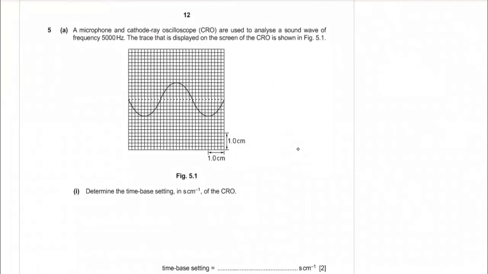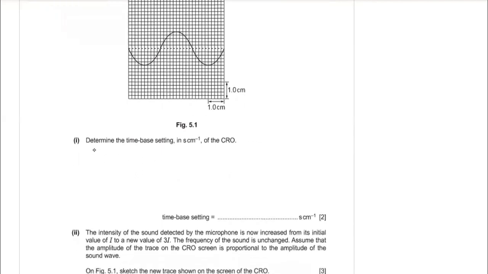Part 5A. A microphone and a cathode ray oscilloscope, CRO, are used to analyze a sound wave of frequency 5000 Hz. Now the trace that is displayed on the screen of the CRO is shown in the figure. Now determine the time-base setting in seconds per centimeter of the CRO.